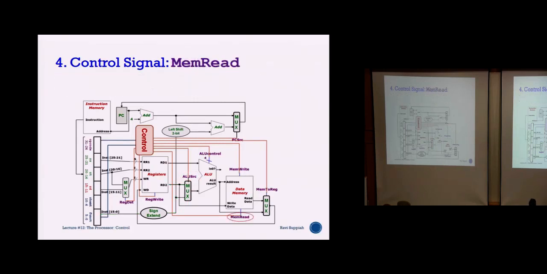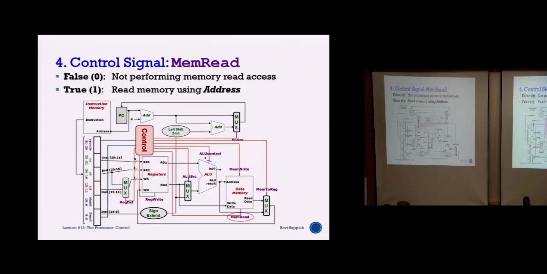Memory read, like I said just now, is just to tell the memory block whether the address that I have provided at the address bus is the address that I want to read data from. Once I supply an address and I activate the memory read pin, I am telling the memory block that I want to read from this memory address. So that data will come out here.